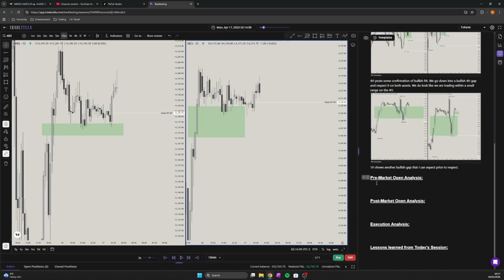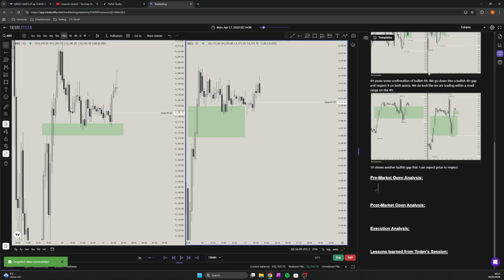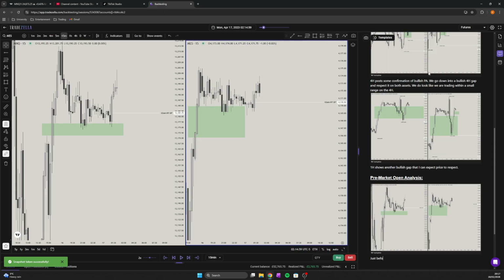So we see just before London opens, we see price runs into the hourly bullish gap and respects it within Asia.